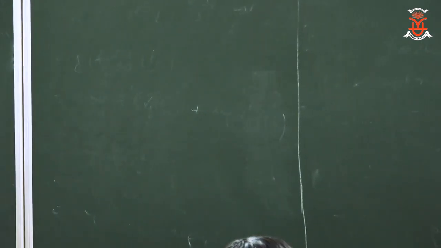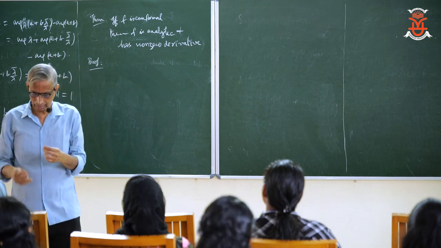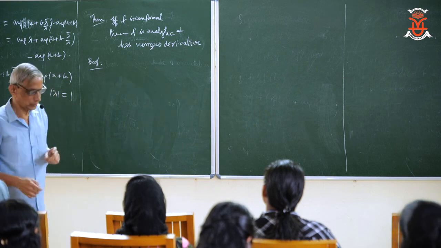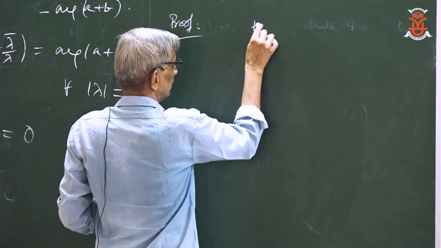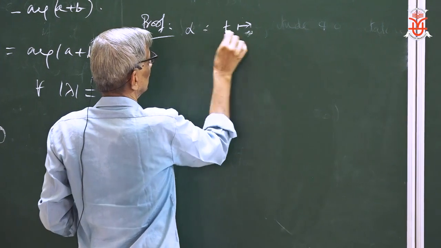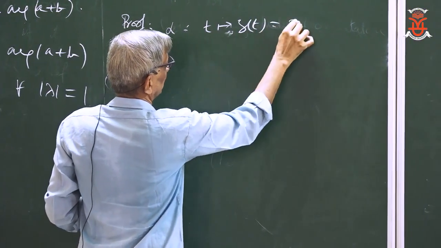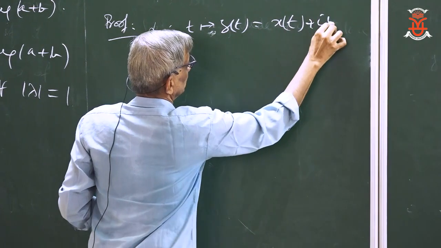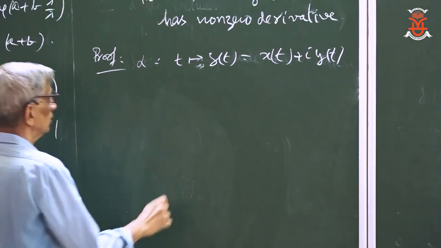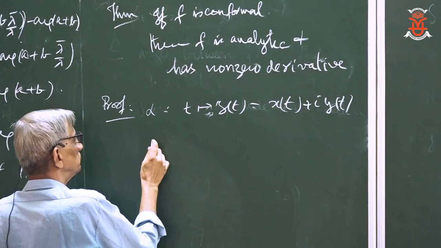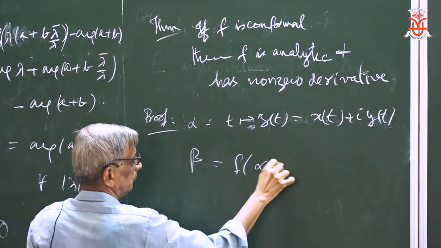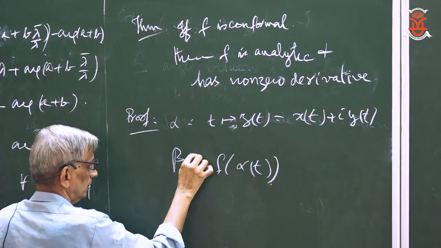So suppose you want to look at a curve alpha and the image of that curve under this function f, with this assumption on f. Suppose your curve alpha is given by t going to z(t), which you can write as x(t) plus i y(t). Take beta to be f of alpha(t).